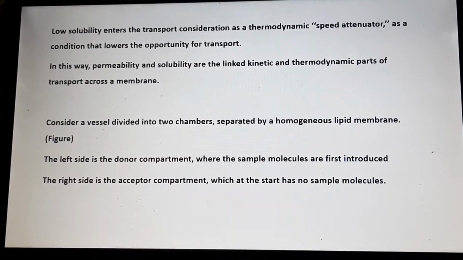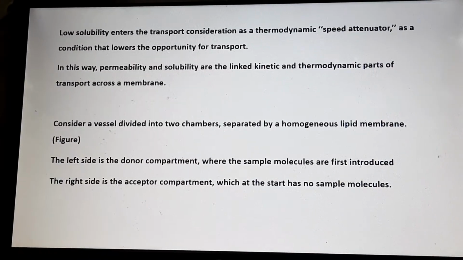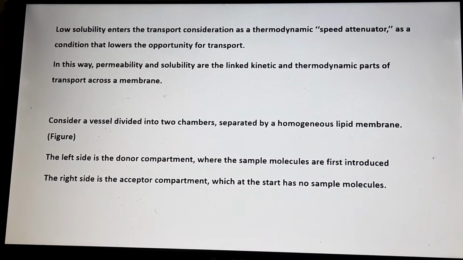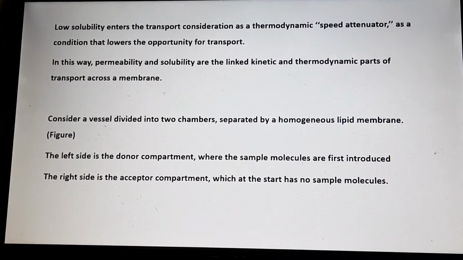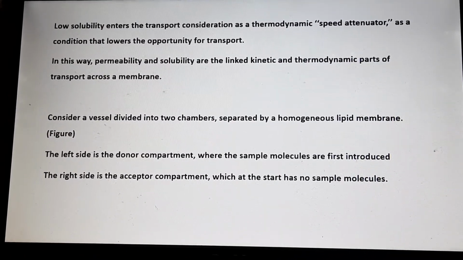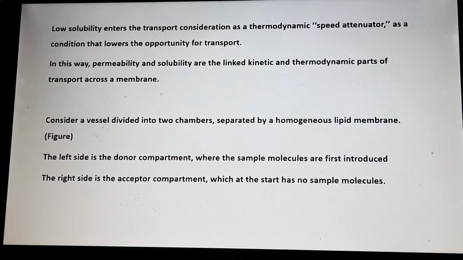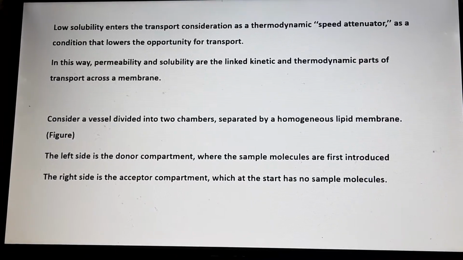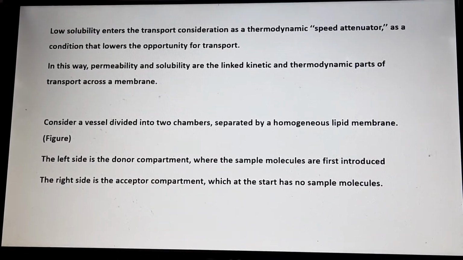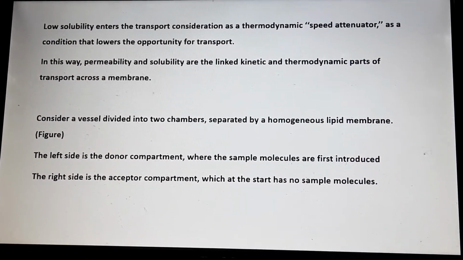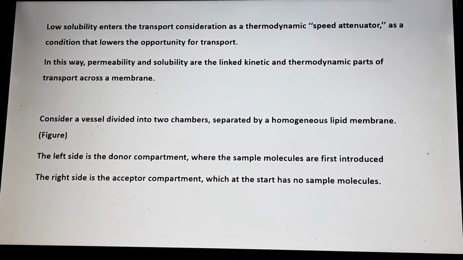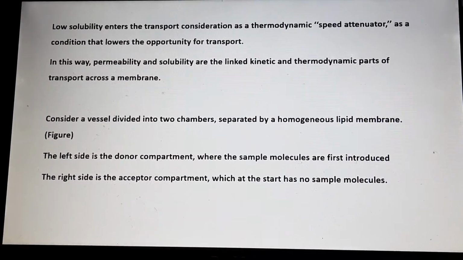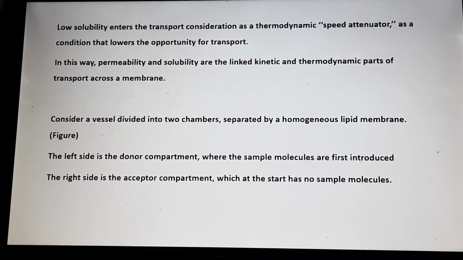This low solubility is a thermodynamic speed breaker, which lowers the opportunity for transport. In this way, the limited solubility and permeability are linked kinetic and thermodynamic parts of the transport across the membrane. Therefore, we are studying this as a transport model.